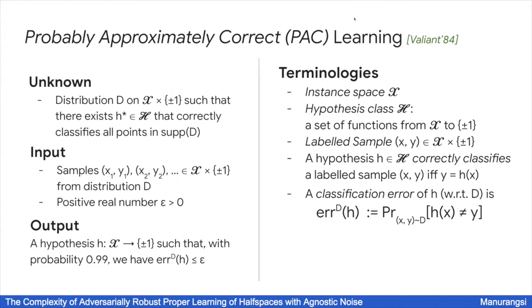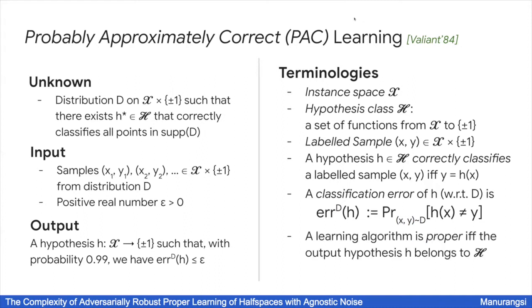Now, one thing to note here is that the output hypothesis h is not necessarily from the hypothesis class big H. You are allowed to output very complicated hypotheses, but this might not be desirable in general because a complicated hypothesis can be hard to interpret.